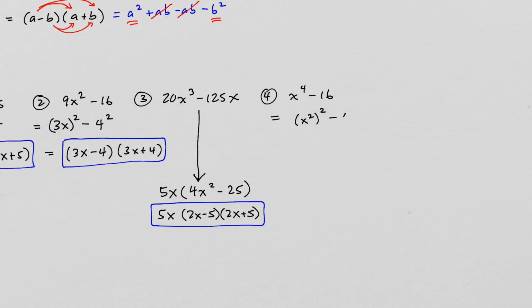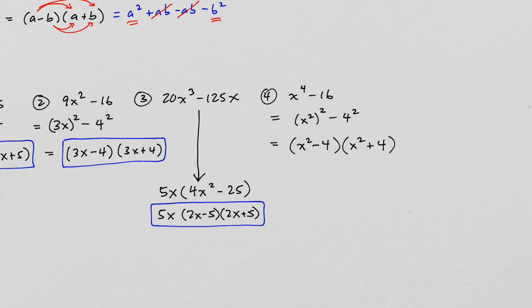And then 16, of course, is 4 squared. And so when you factor this as the difference of two squares, we will have x squared here and x squared here. And then 16 is 4 times 4, and we have one negative and one positive. So it's pretty straightforward to factor.